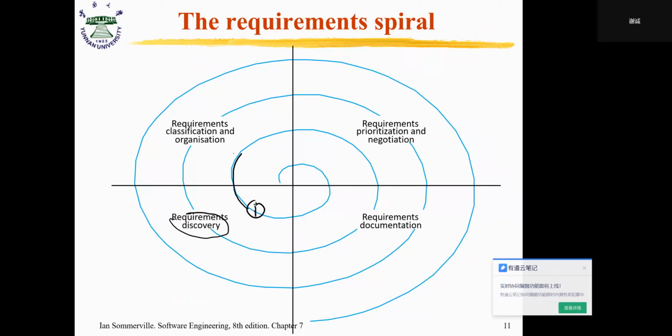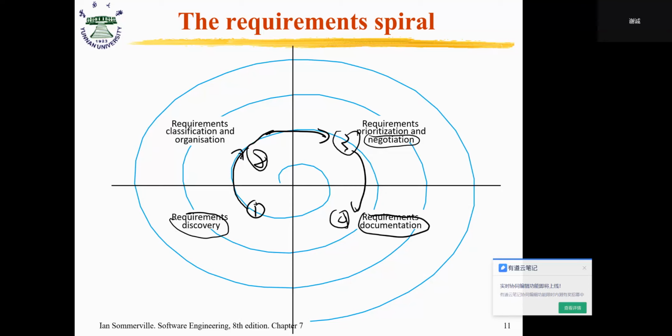Then we do the requirement classification and organization. And then we go into the third stage. We can negotiate with the customer and different stakeholders, and we can write it down. It's requirement documentation, also called specification.